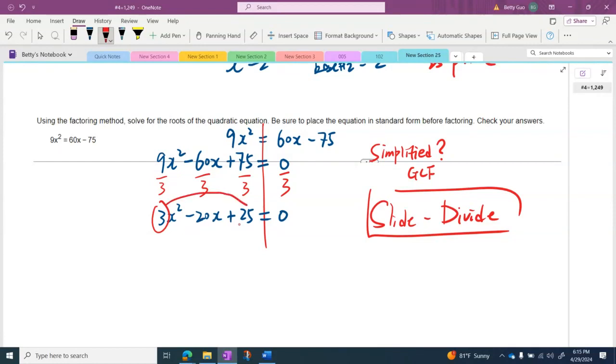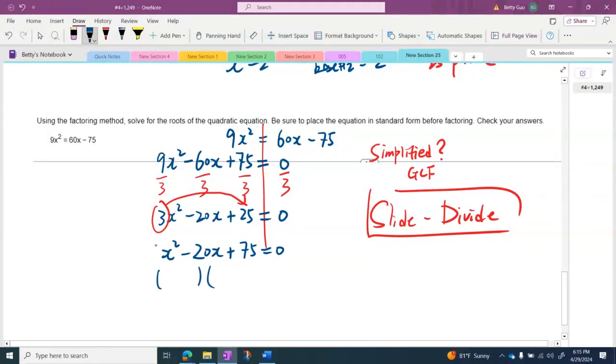So we slide, we create a new equation. It has no 3 in front of x squared, so we just have x squared minus 20x plus 25 times 3, which is 75, equals 0. We're going to use a shortcut.